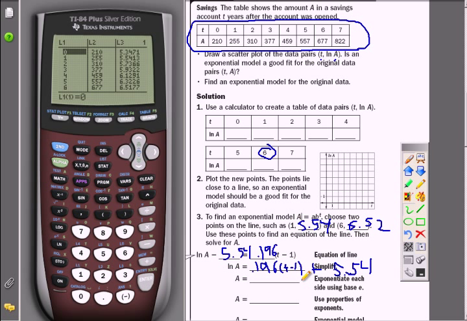Now, because we have this model here, the natural log of this really means e to all of this stuff. All right, e to each of these things as they're put together. So if I look at it kind of like this, e to the 0.196 to this whole thing right here.